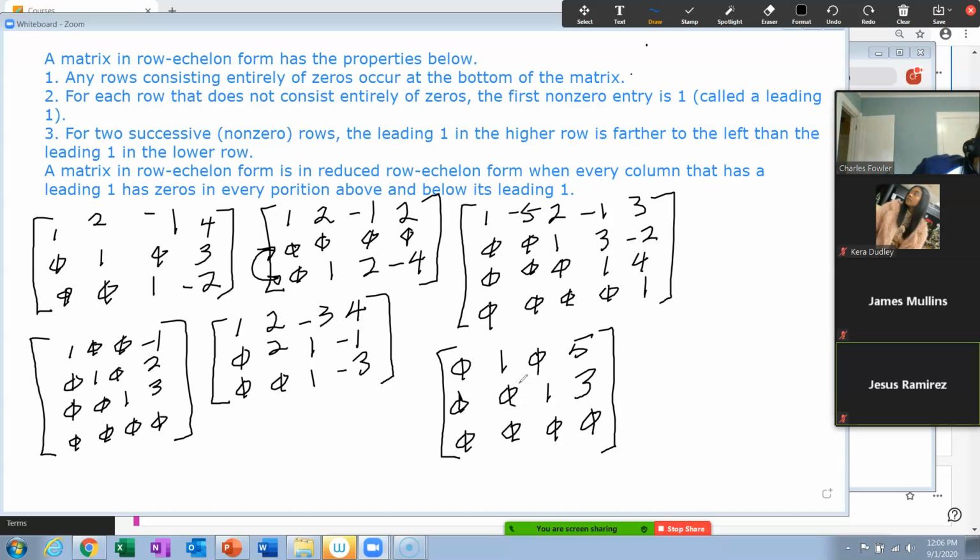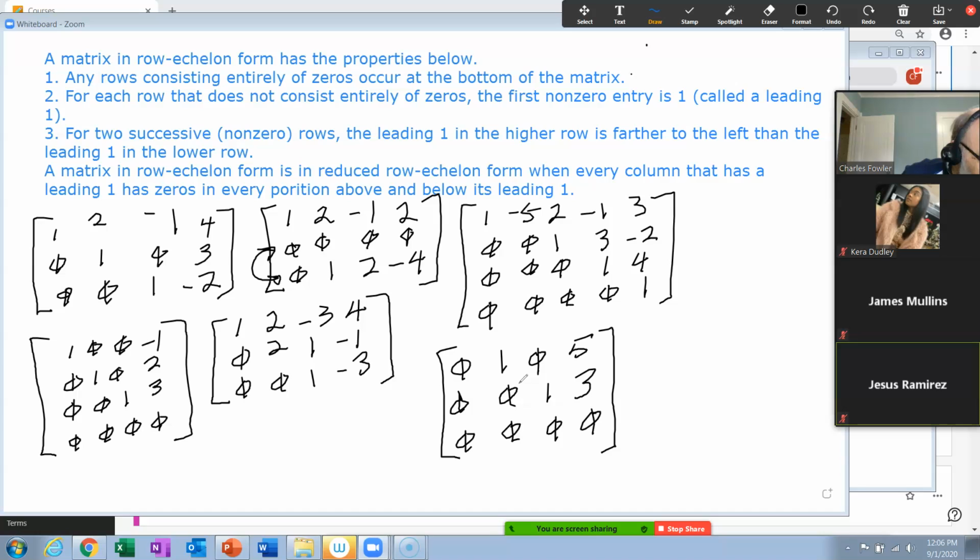All right, then continuing down page 16, every matrix is row equivalent to a matrix in row echelon form. Get that. Every matrix is row equivalent to a matrix in row echelon form. Sometimes you have a lot of digging to do to find it, but you can do it.